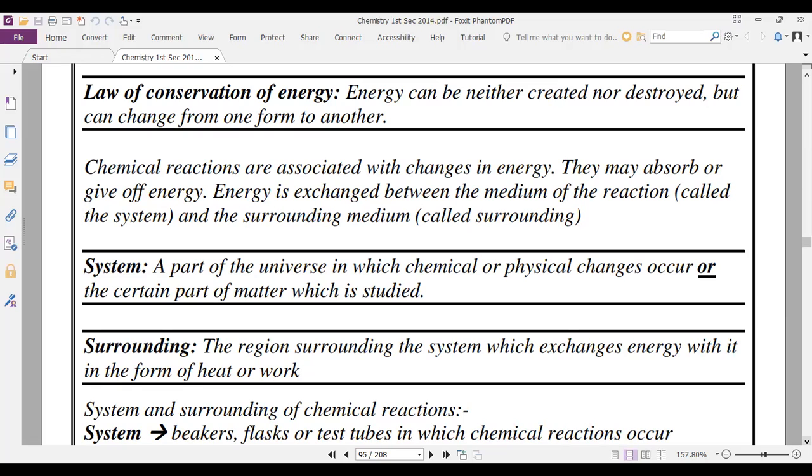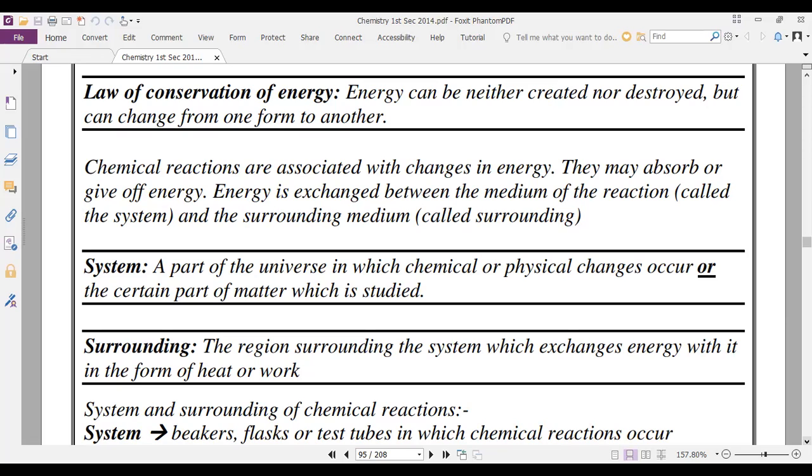So what's meant by system? A part of the universe in which the chemical or physical changes occur, or the certain part of matter which is studied. Right. And what's meant by surrounding?